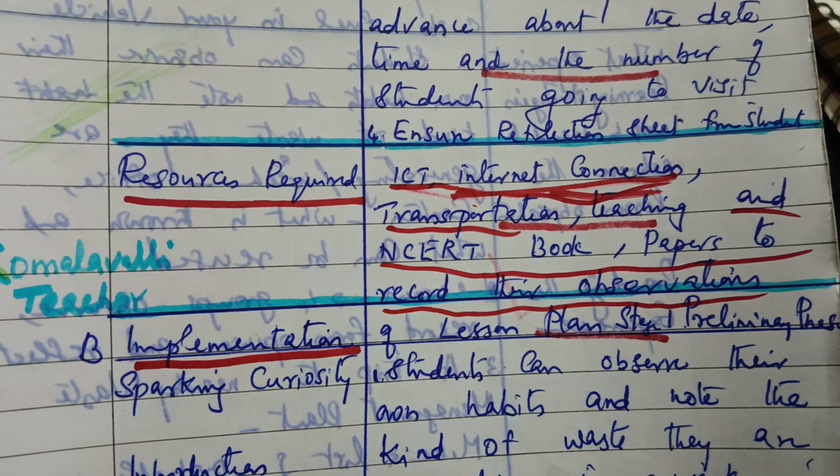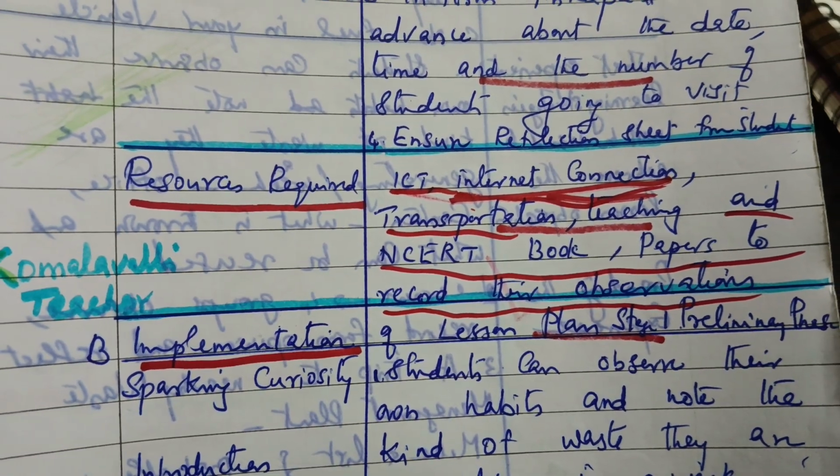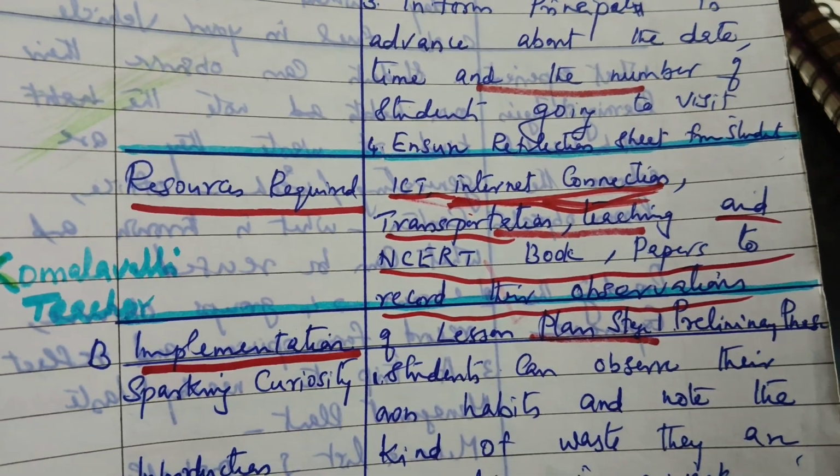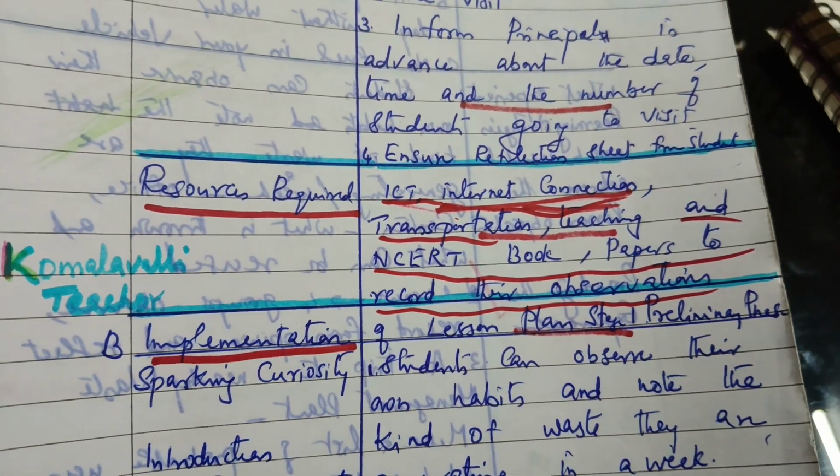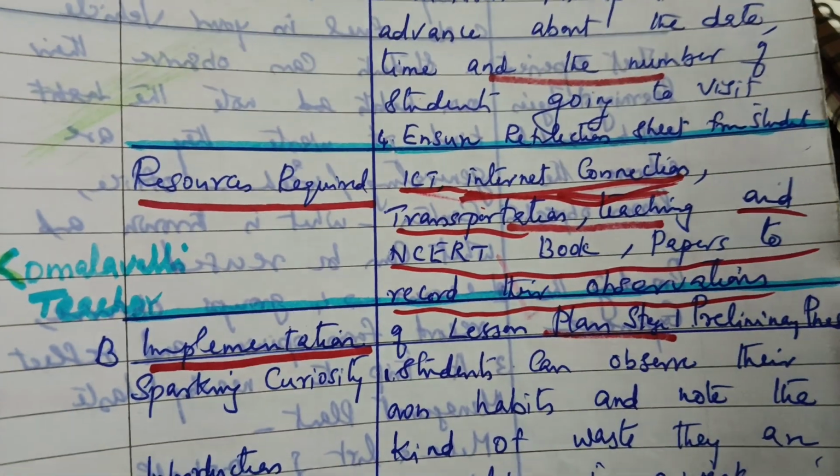Then resources required: ICT, internet connection, transportation, teaching aids, teaching materials, NCERT book, and papers to record their observations.